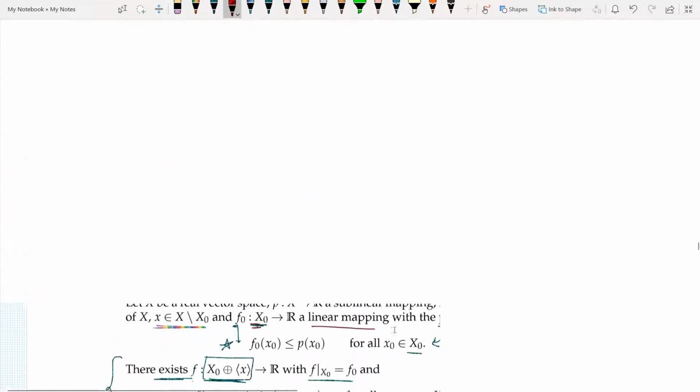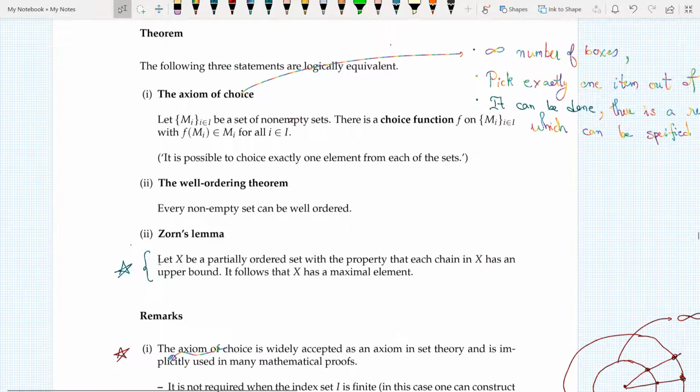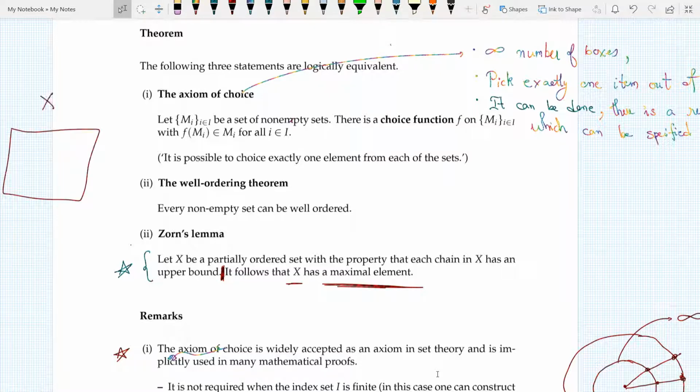What did it tell us? What Zorn's lemma said was, let X be a partially ordered set with the property that each chain in X has an upper bound. Yes, we have this in our construction. It follows that X has a maximal element. So you can think of it in this way, that I have a partial ordering and I have different chains in it.